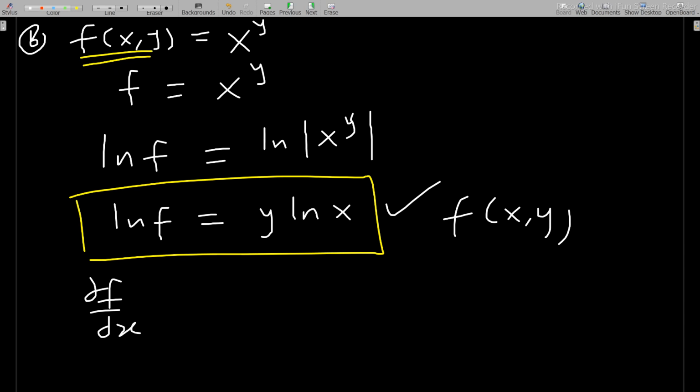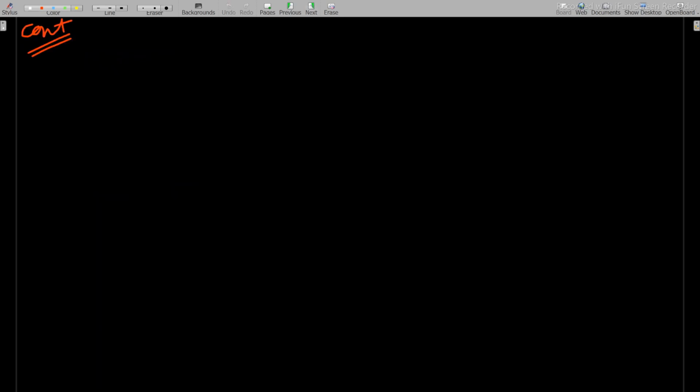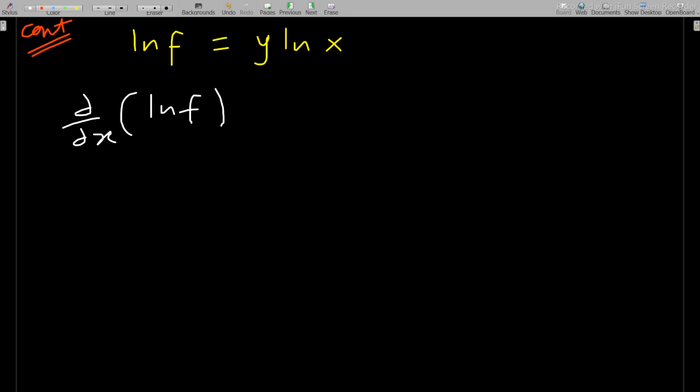To find del f del x, we know that ln of f should be equal to y ln x. So let's keep this. Now if I differentiate the whole of this implicitly with respect to x, it will be del x of ln of f equals del x of y ln x.